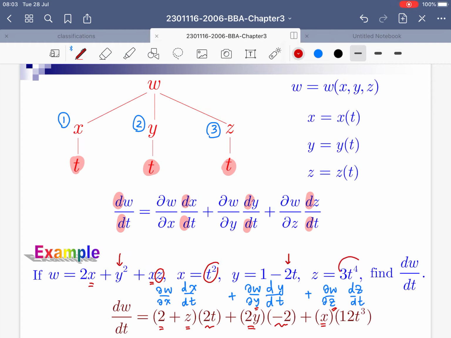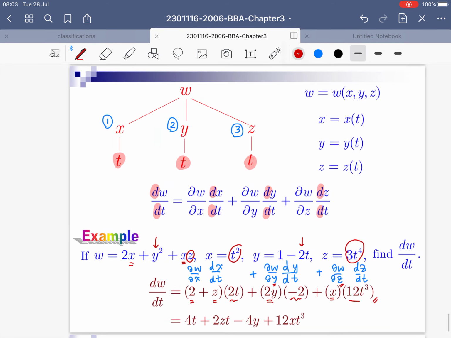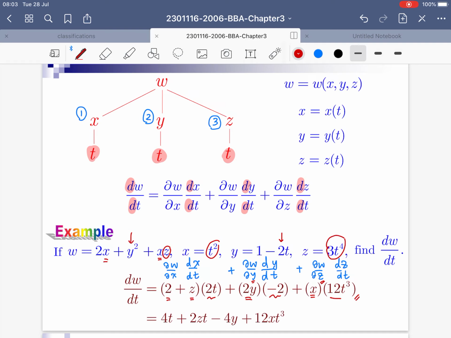And this one, the derivative of z with respect to t, you have 12t cubed. Okay, and again, this is good enough to be your final answer. You don't need to simplify or change your x, y, z into t. Okay, this one will be your final answer.